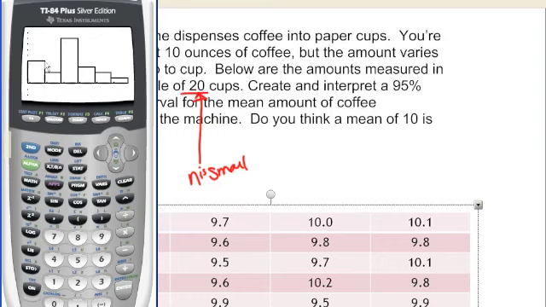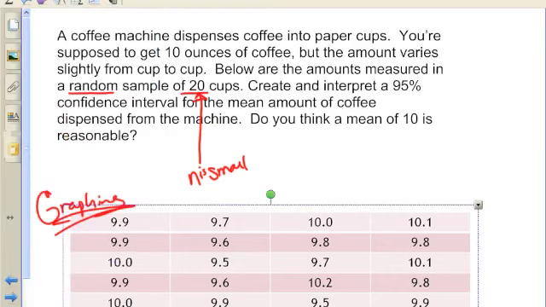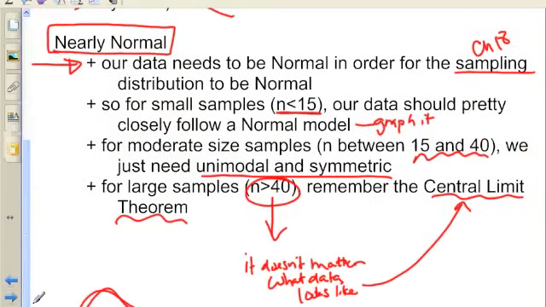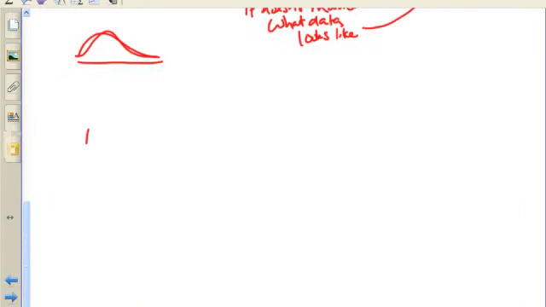Remember my sample size was 20, and so I'm looking for something that is symmetric and unimodal. Now this one's sticking up just a little bit high, but for the most part, you can see unimodal, more or less symmetric. That's pretty good. We'll take it. On your actual assignment, when it comes to discussing nearly normal, you would actually sketch that graph.